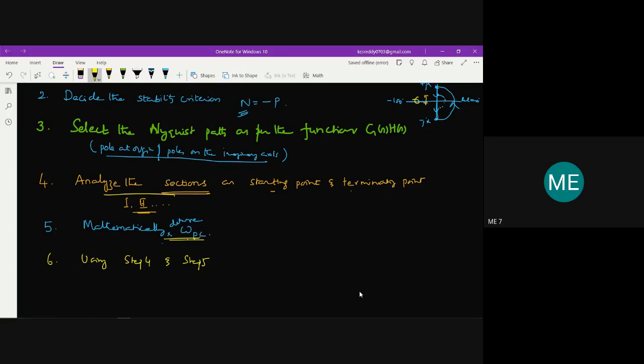That is nothing but the intersection point with the negative real axis. That point will give the omega PC. So using step 4 and step 5, we are going to sketch the Nyquist plot.